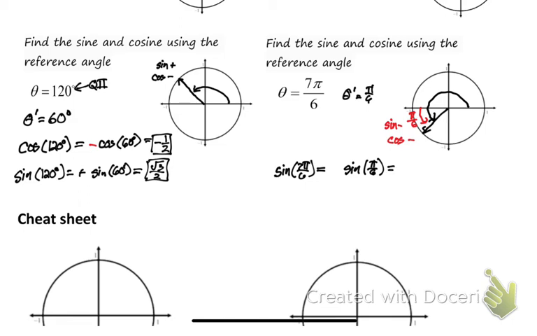Do we agree sine of pi over 6 is 1/2? It's got to be. Why is it negative? Because we're in quadrant 3, so we should have put a negative here. For cosine of 7 pi over 6, we're going to have equal to the cosine of pi over 6, but once again, we're in quadrant 3, so we're going to put a negative. And we're going to have a negative square root of 3 over 2.